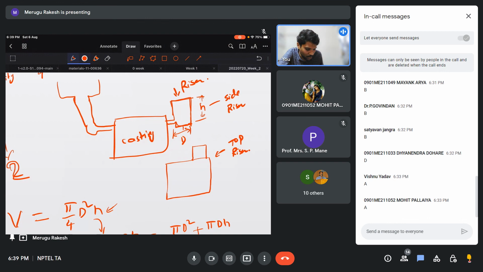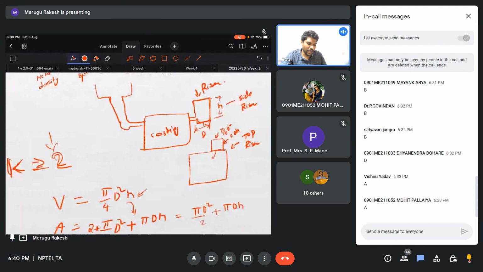What happens is that only this area is exposed, and the lateral surface area, that is pi dh. We don't have one surface here. The bottom is not there because it is in the casting. So we have less surface area in the top riser.